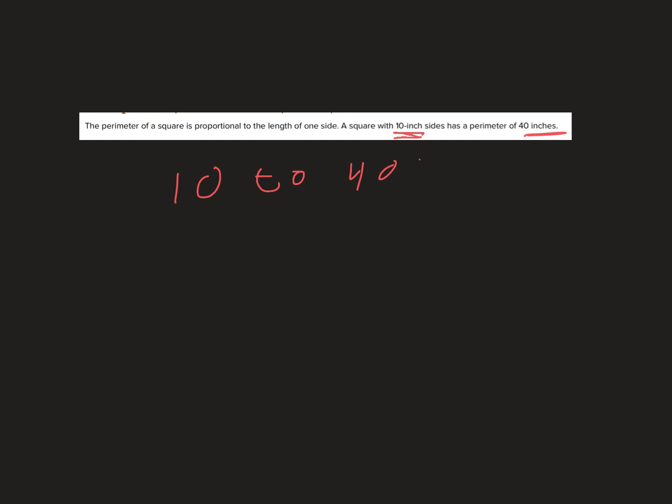The perimeter of a square is proportional to the length of one side. Okay, so for every side, a square with 10-inch sides has a perimeter of 40 inches.